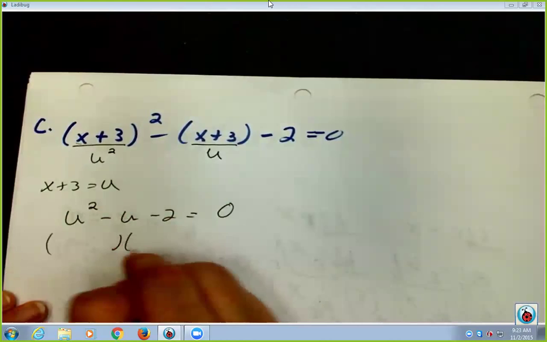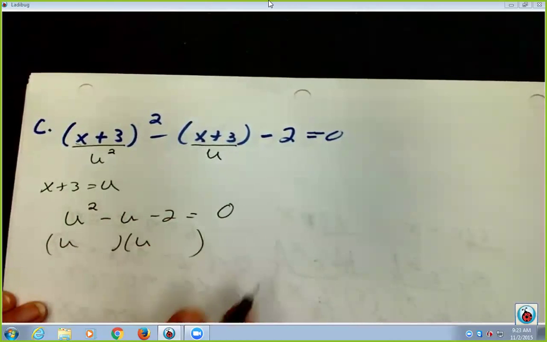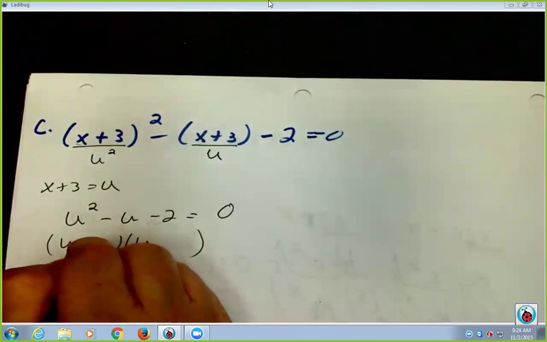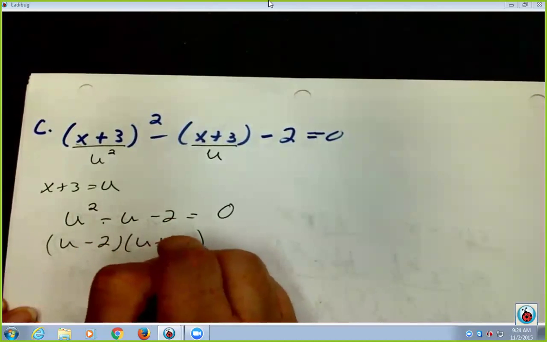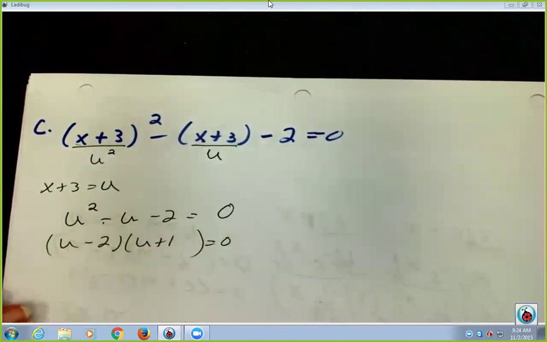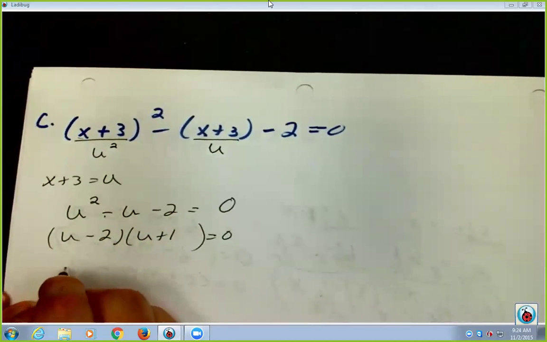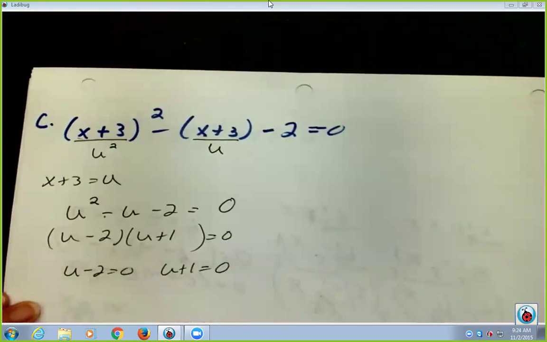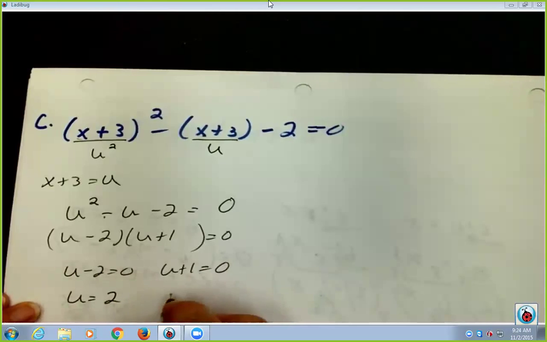And I factor it. And these, again, all factor. So not one of them doesn't factor. So a negative 2 and a plus 1. So u minus 2 equals 0 and u plus 1 equals 0. So u equals 2 and u equals a negative 1.